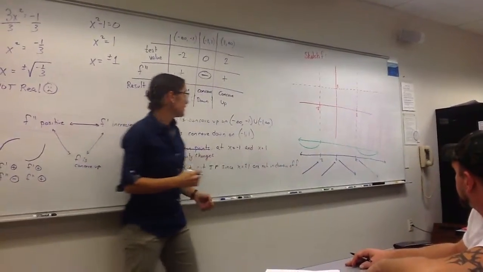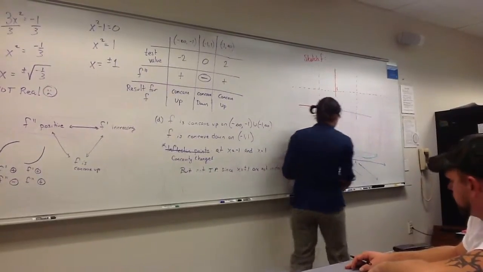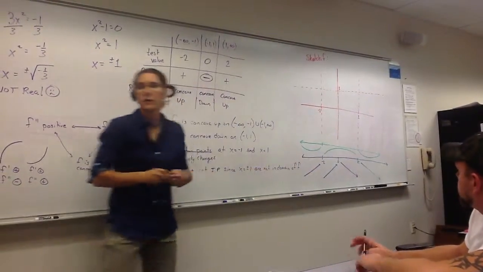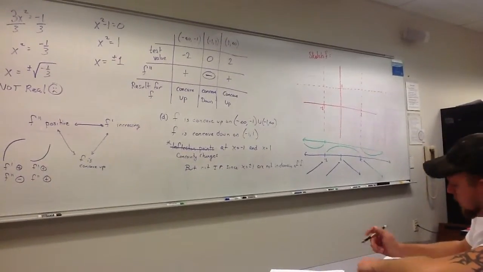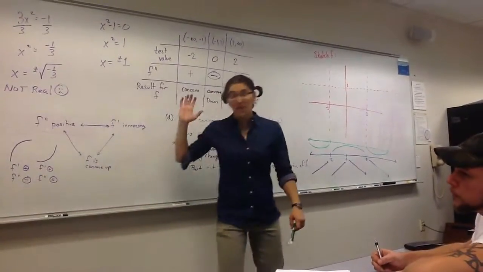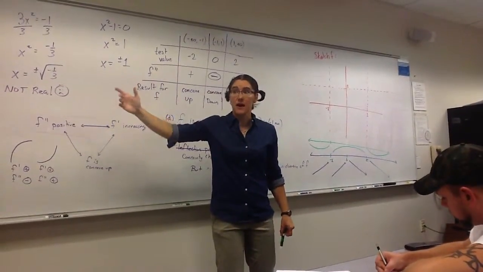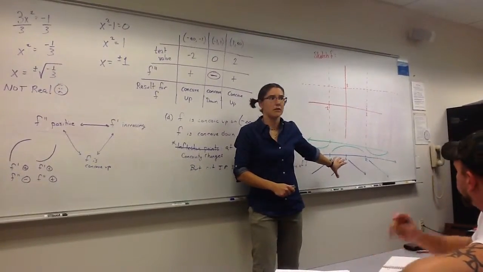And in between, f is concave down. Okay, is there any information that we have found in all of this work that we have not yet incorporated into our picture? Local max.